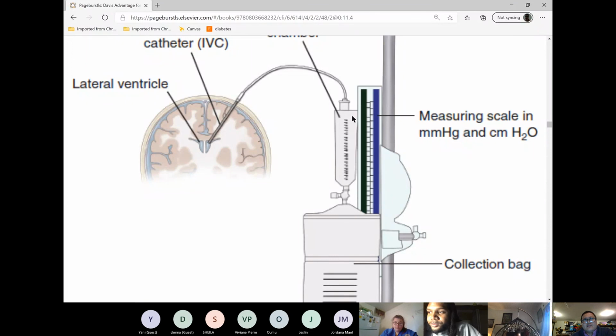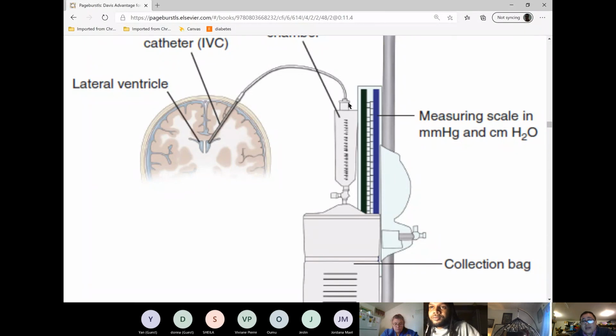Do you use a level? Yeah, to make sure that whatever I'm putting up is straight. Yeah, so just like that. There's an instrument here that has a liquid with an air bubble in there. We need that to make sure that this catheter is at the same level as the transducer. Because if they're not, the measurement will not be accurate.